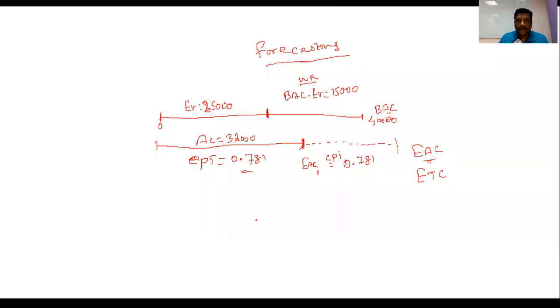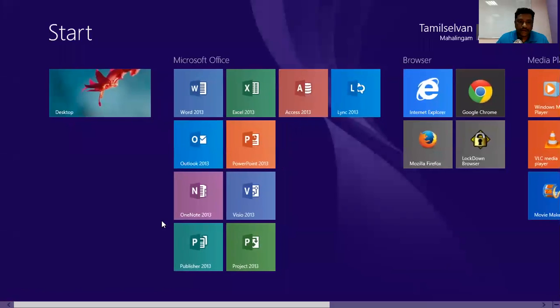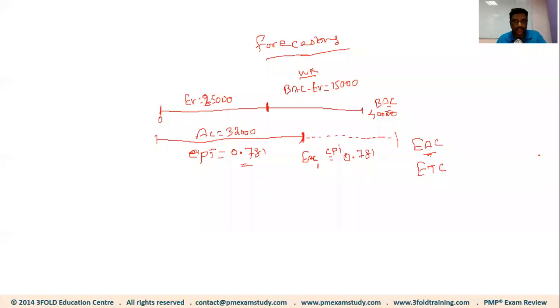All right. What happens is, if the past performance will also continue in future, what will be the EAC? Which means by the time we complete the project, how much do we end up spending? Throughout the project my performance will be the same, which is 0.781.